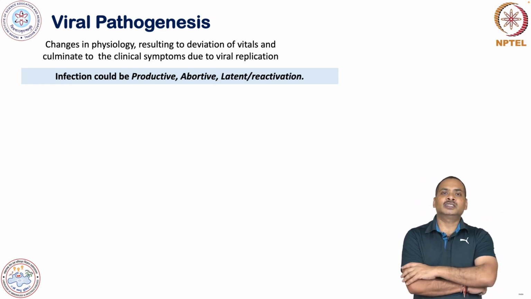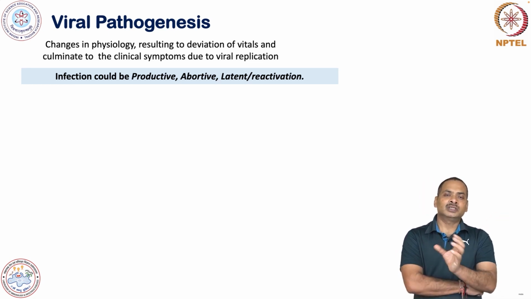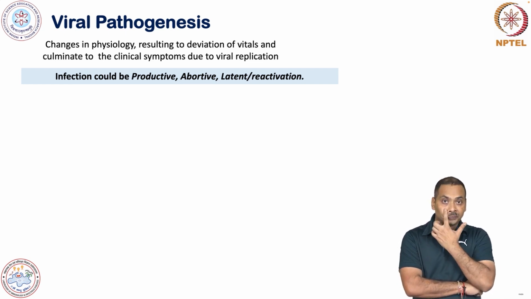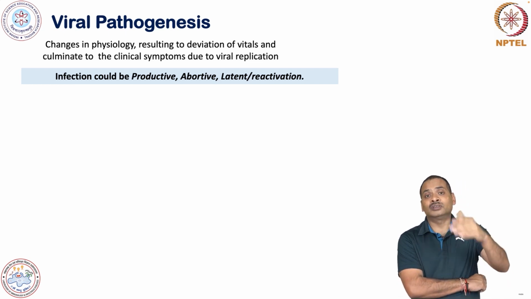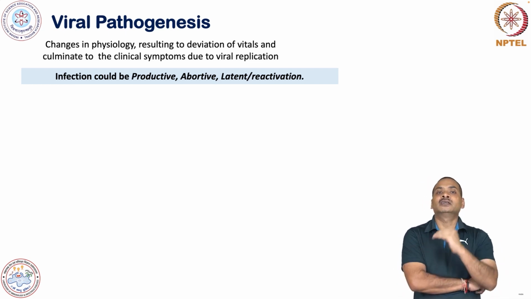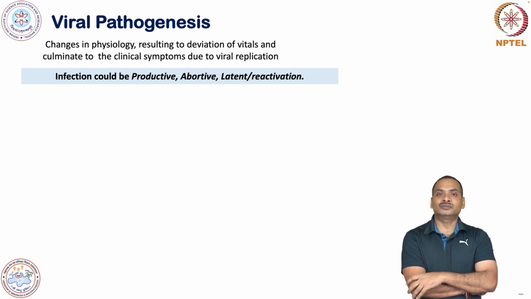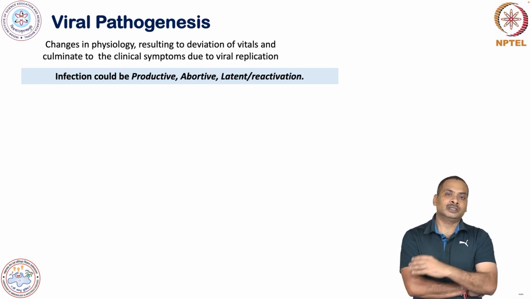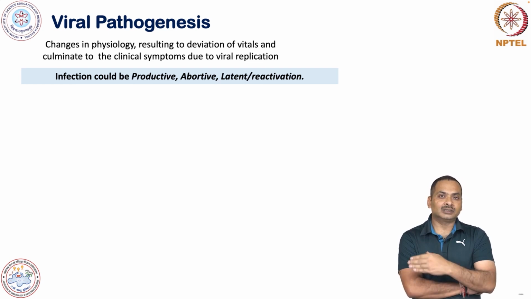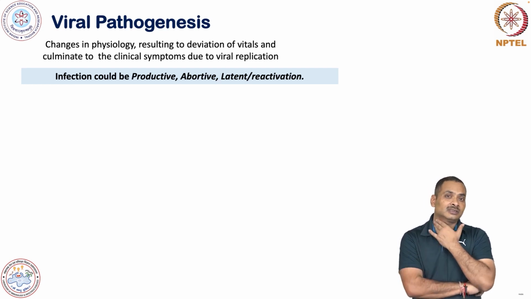There could be several means by which the immune system can be perturbed. Then the virus will reactivate and cause a productive infection, which then causes the symptoms or disease.